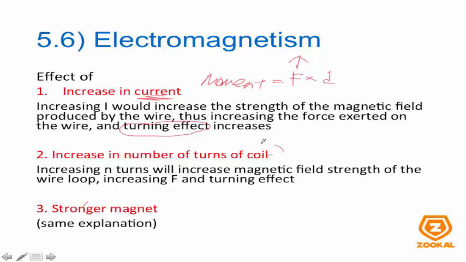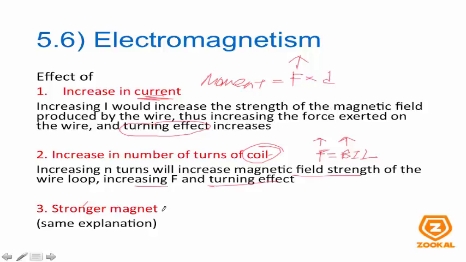By increasing the number of turns of the coil, you will cause a greater magnetic field strength, increasing F as well, because F equals BIL. Increasing B will mean an increase in F, and an increase in F will mean a greater turning effect.